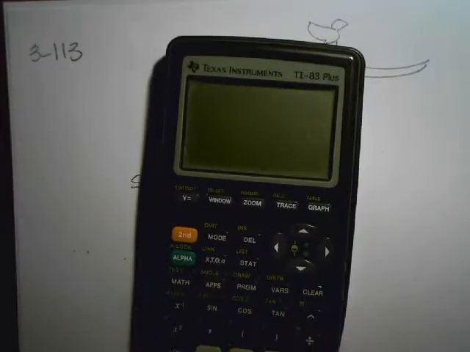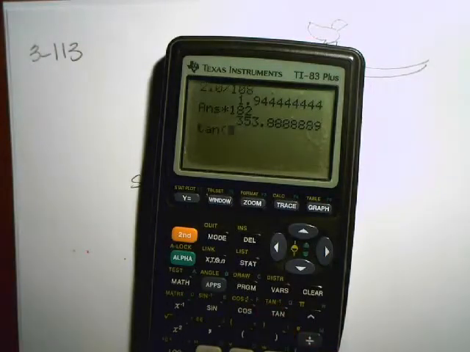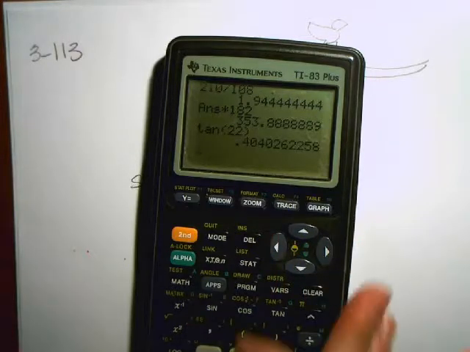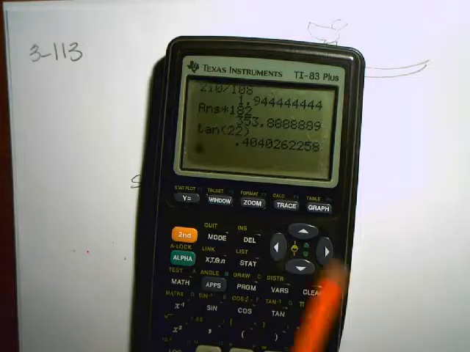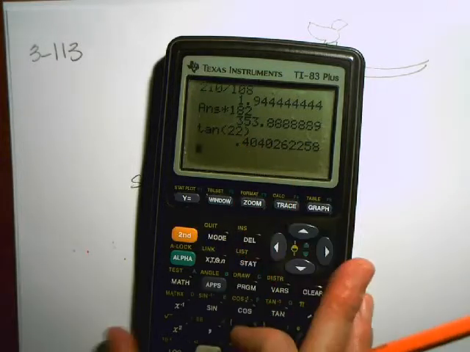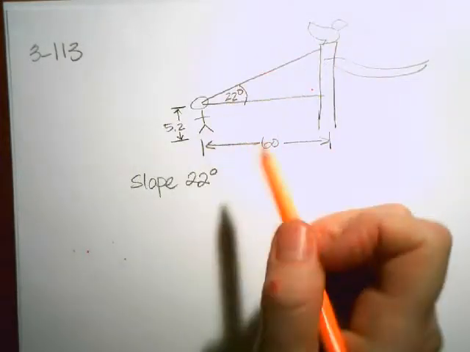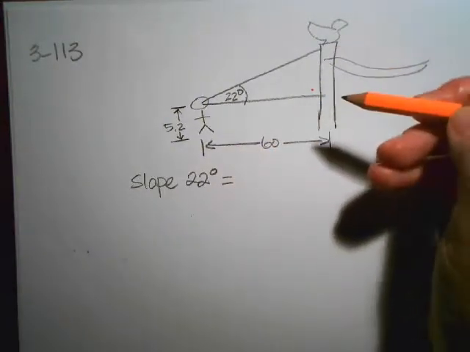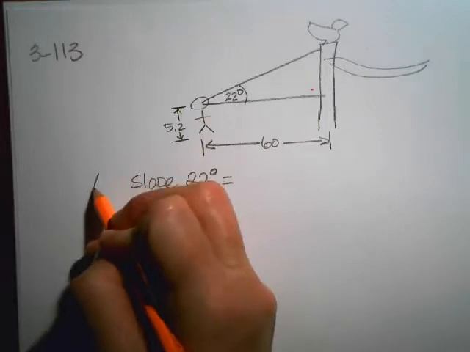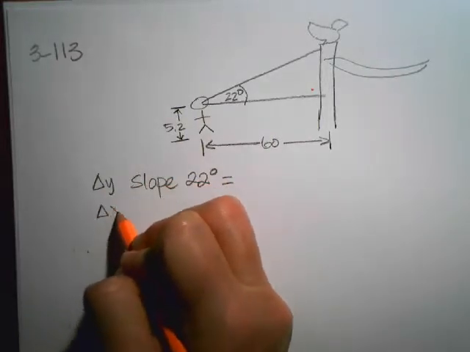You could also use your calculator and use the tangent button. Okay, 0.404. It's actually not exactly 2/5. This is a more accurate answer. So I'm going to put slope of 22 degrees equals the change in y over the change in x.